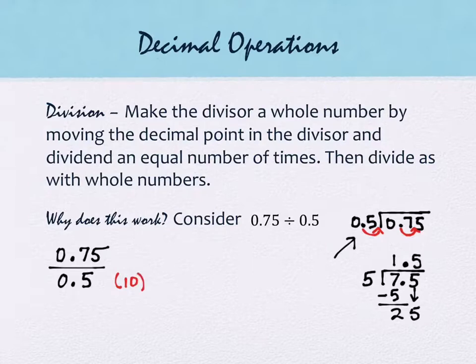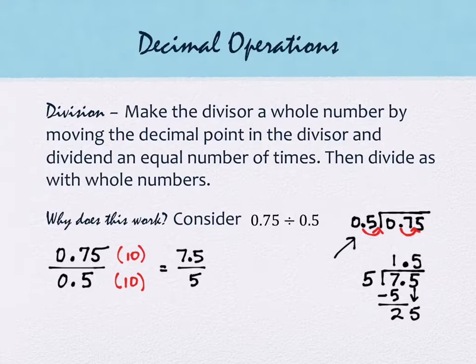And we know from working with fractions that as long as we multiply the numerator and the denominator by the same quantity, it's a legal operation, right? It keeps the values the same. So in doing this, you can end up seeing there's that 7.5 divided by 5 that we get when we move the decimal points in the other representation. Okay, so that's what's happening. When you're moving decimals, you're really multiplying by powers of 10.